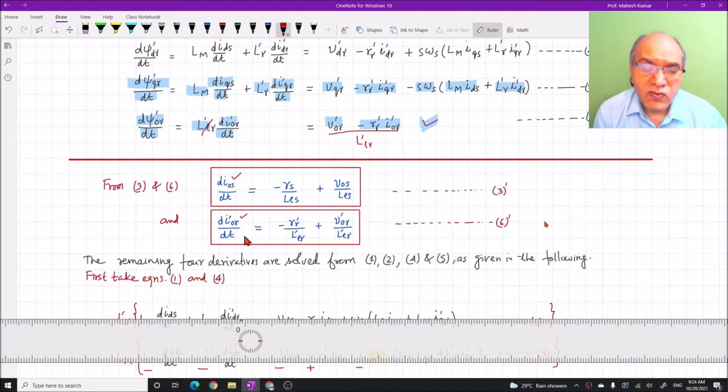We need to solve for the other remaining quantities, that is dids by dt, diqs by dt, didr dash by dt, and diqr dash by dt.